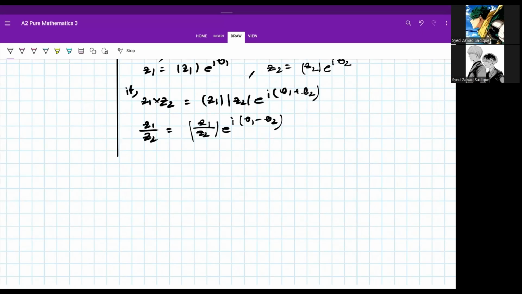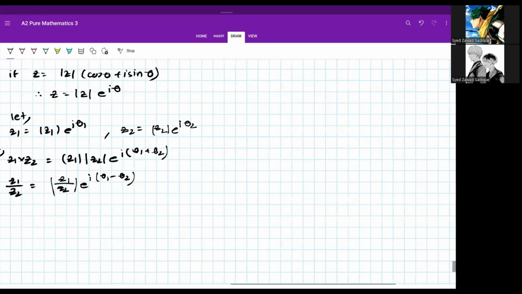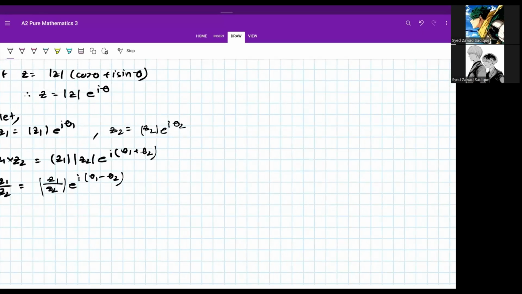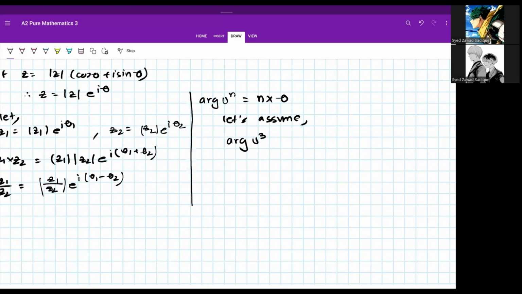Now, if there ever comes arg u to the power n, we can simply write it as n times theta. Let's assume arg u to the power 3.